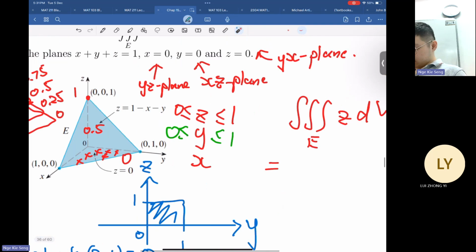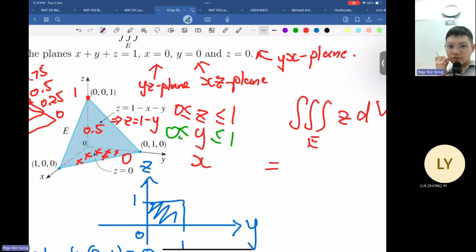Remember, in the ZY plane, x equals 0. So this term here will reduce to what? Z equals 1 minus y, meaning y equals 1 minus z. So actually here it is 1 minus z.